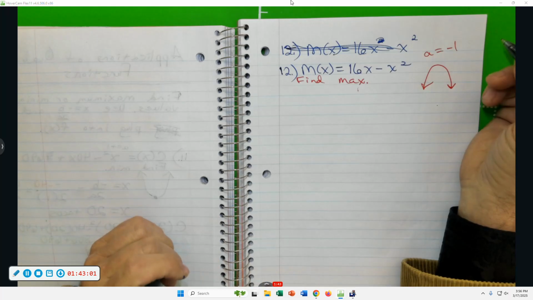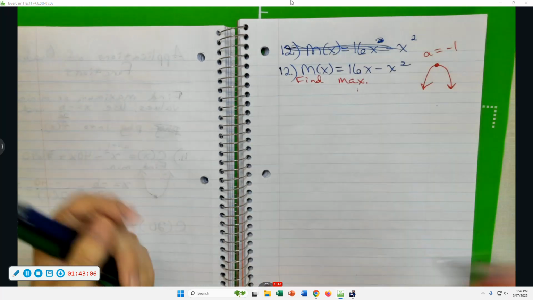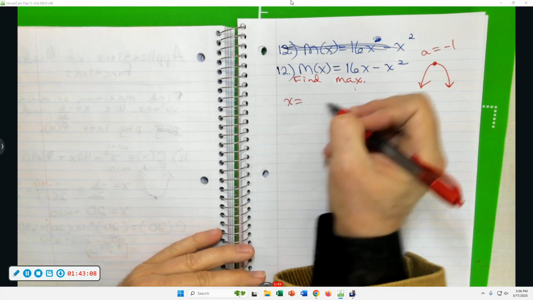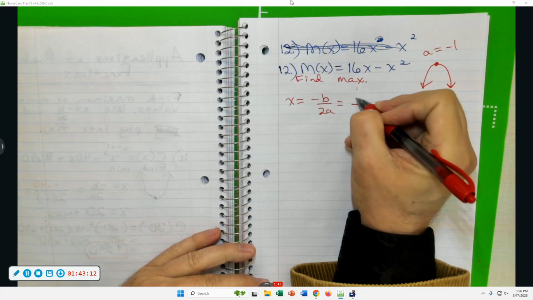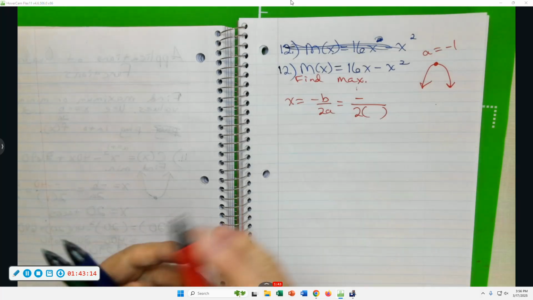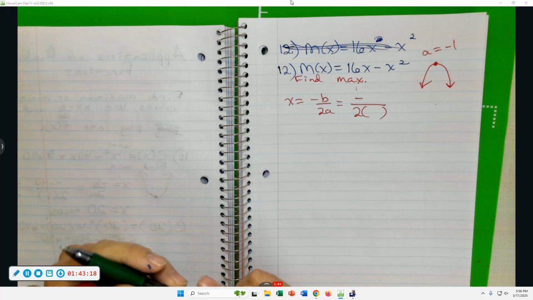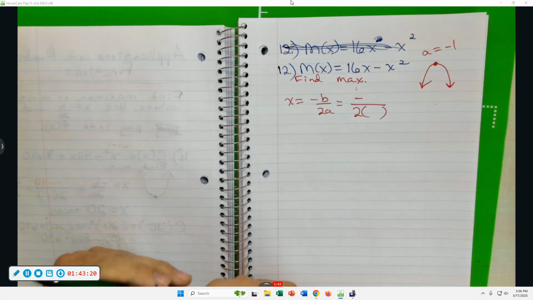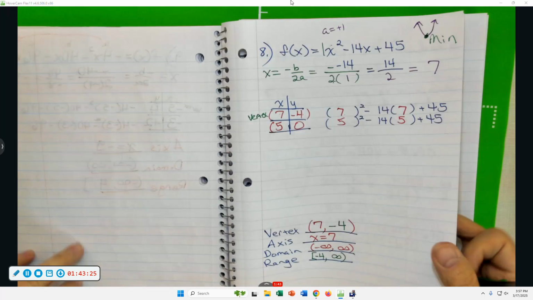Where does that maximum occur? At the vertex. So we got to use the vertex formula again. Negative b over 2a. What's b? Be careful. 16. Remember, b is the number in front of the x term.